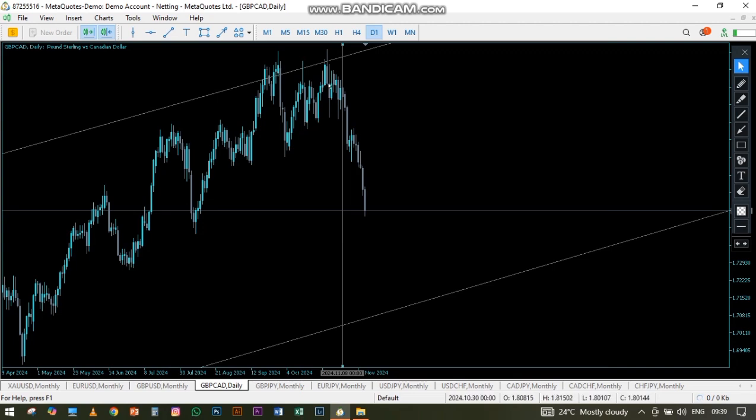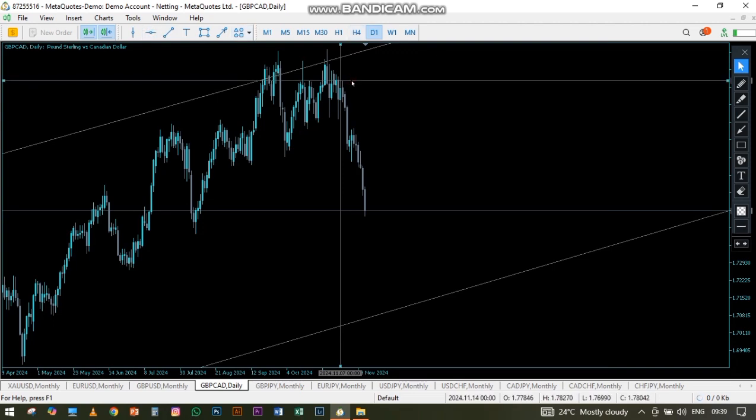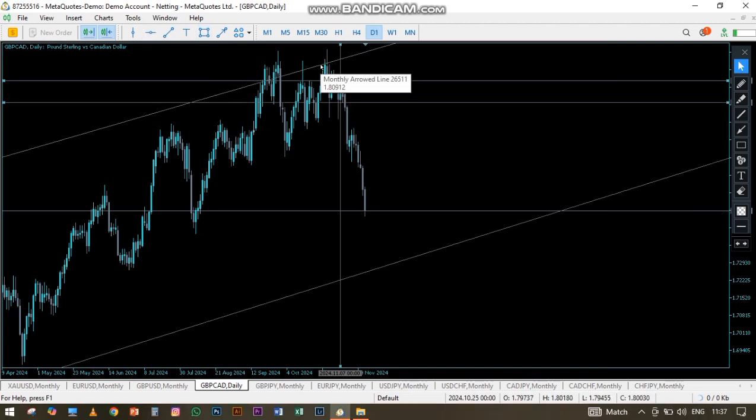So I'm just going to move this vertical line one candle back, and then I'm going to get my horizontal tool and mark its high, and then mark its low. After marking the high and the low, I'm going to move this vertical line to that bearish day that has closed bearish.